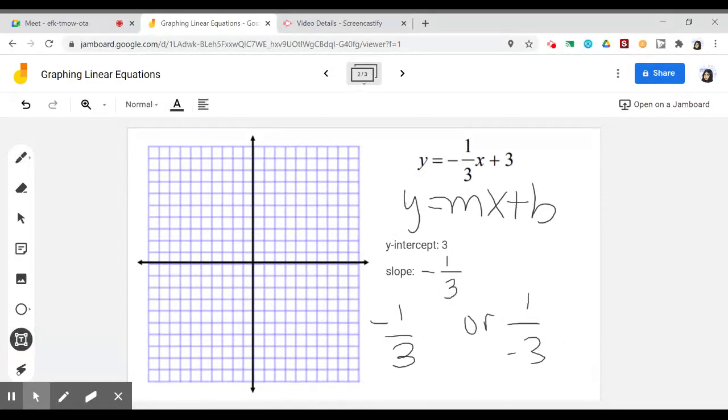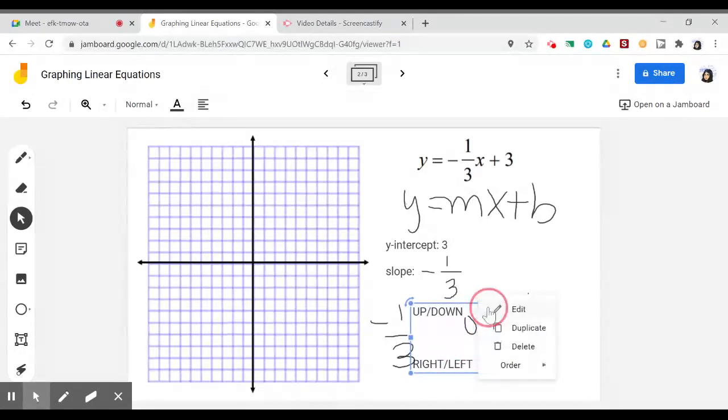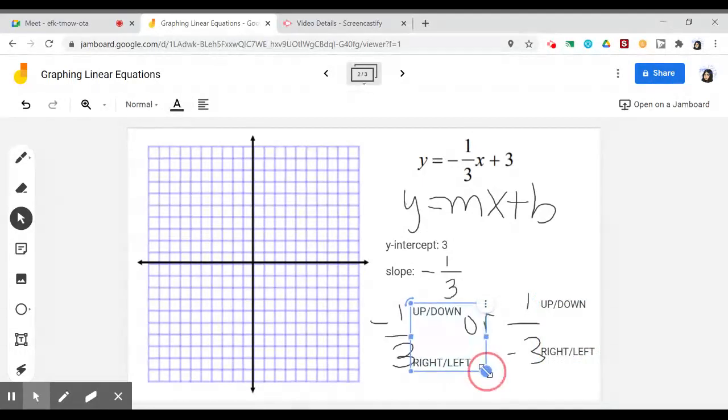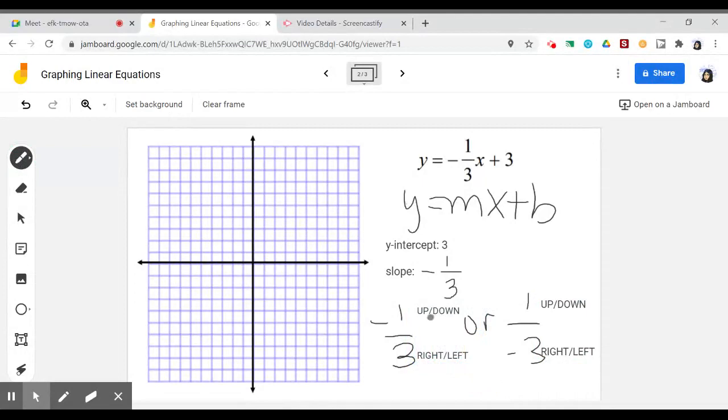So remember again, slope is rise over run. So I'm either going up or down, and then I'm either going right or left. In this case, to the left, my 1 is negative, so this is telling me to go down 1.